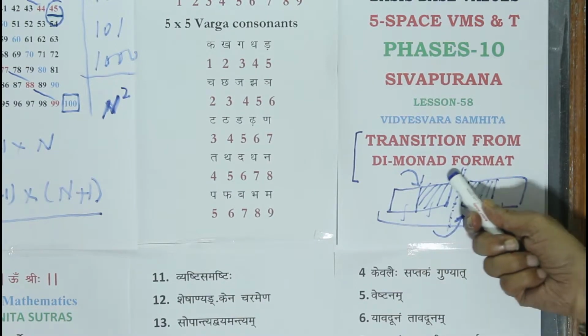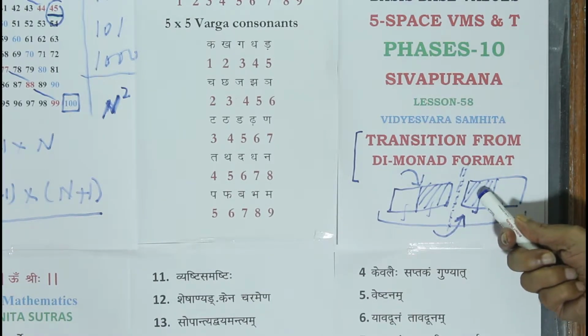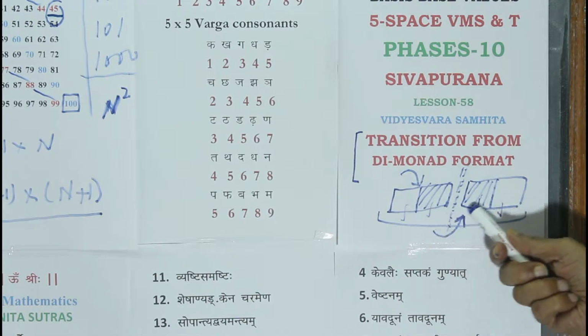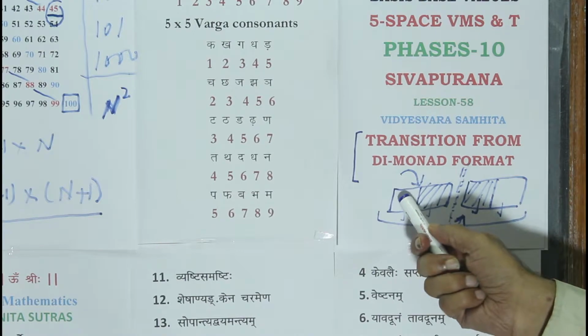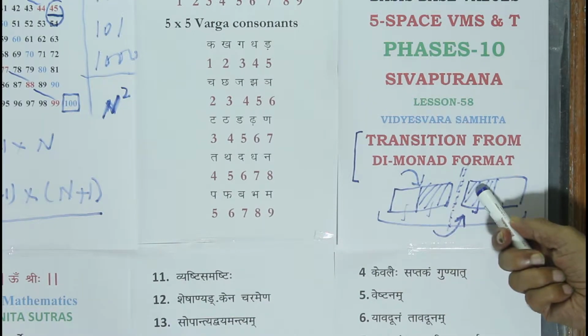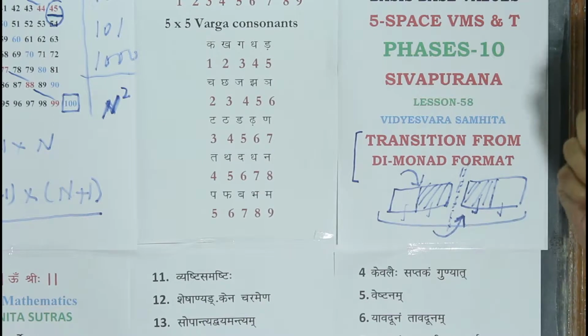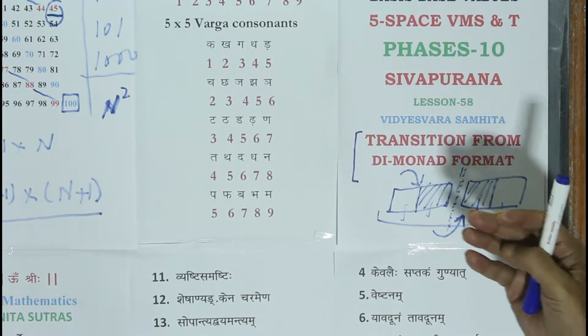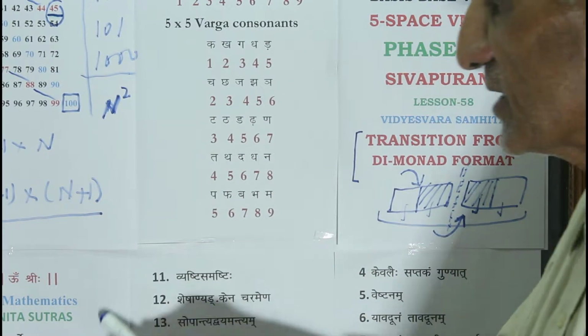Therefore, these pair of monads actually get unified and become a monad, and as a consequence we get an organization format of a trimonad. Let us revisit the Ganita Sutras.